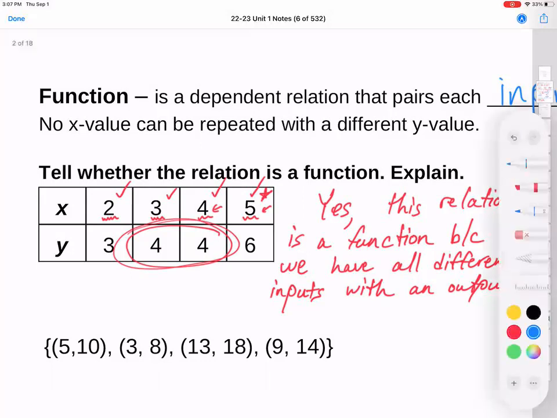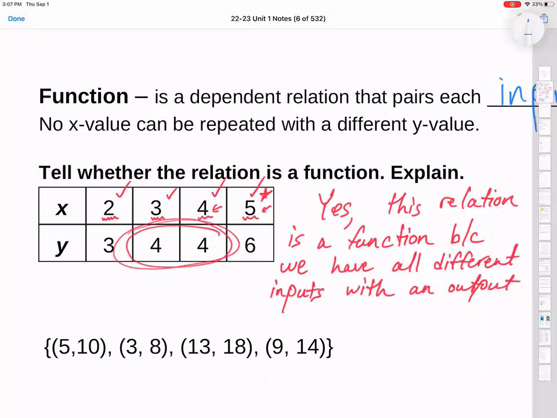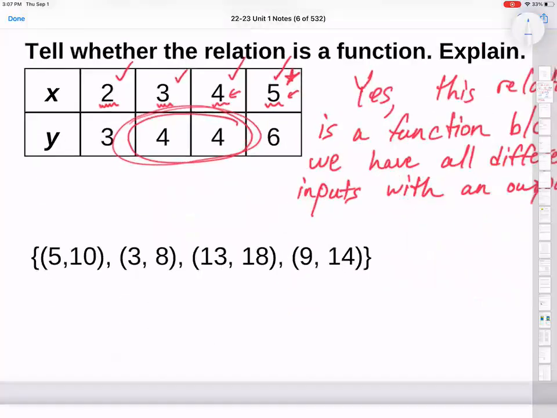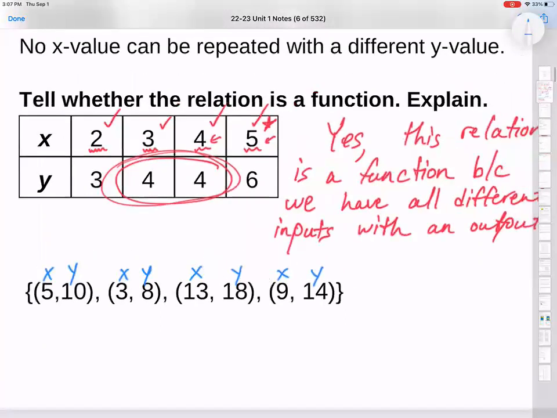Now let's go ahead and take a look at the second one. We have 5, 10. Again, this represents an x and a y, and then an x, comma, y, x, y, x, y. So we're asking ourselves, do we have any repeating x values that are going to 2 different outputs?